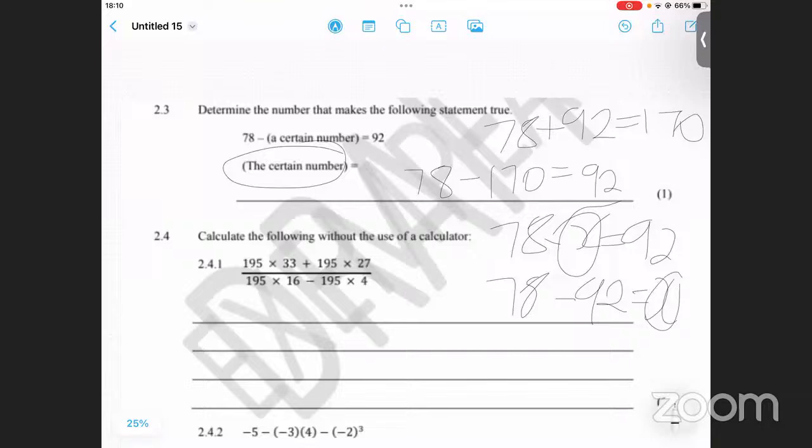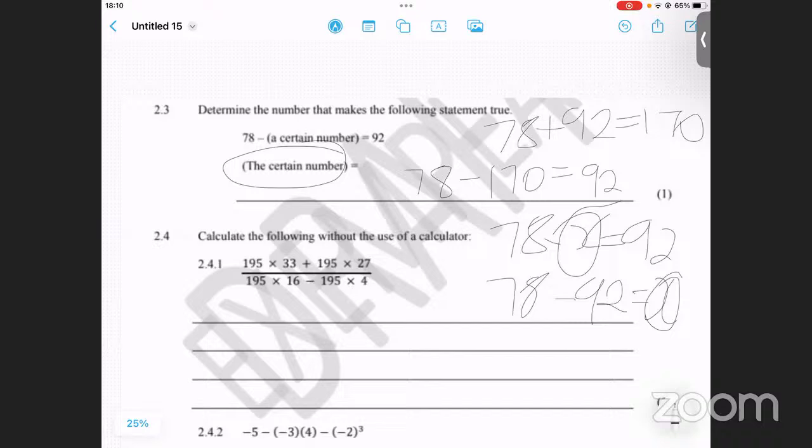I'm saying x because I see you kind of losing it, because you don't know how you're going to calculate a certain number. So you should take that certain number as one number which can be replaced by any letter of your choice, x, y, b, n, whatever. So you'll be solving for that letter. So you're going to have 78 minus 92 is equal to x.